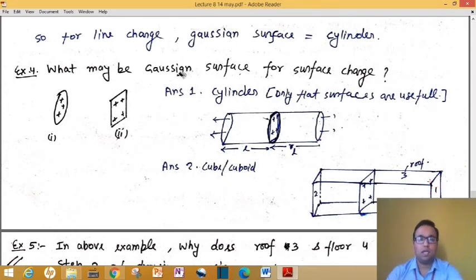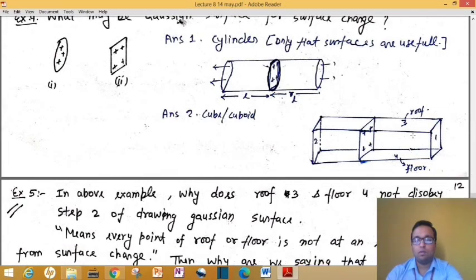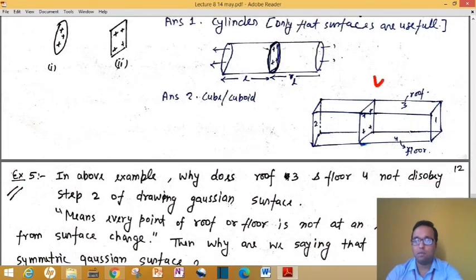If you are getting any doubt, then let me tell you, in example number 5, I will give you some more clarity on Gaussian surface. So just wait and learn example 5. Here in this shape, I have mentioned point 3 as a roof, because this is a point on the roof, and this point 4 is on the floor.